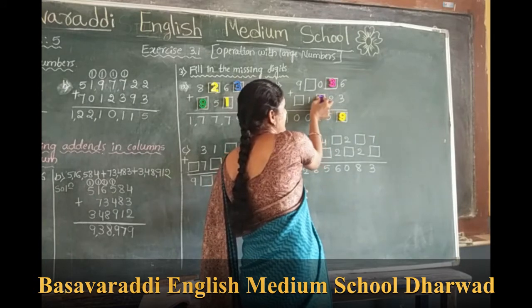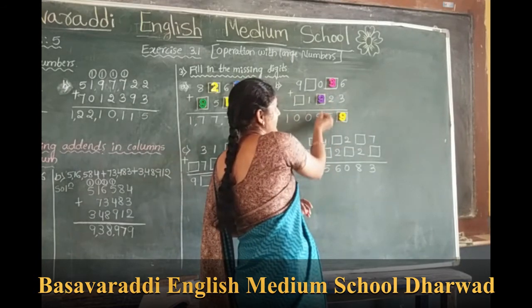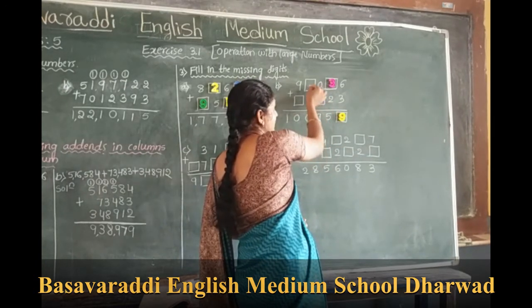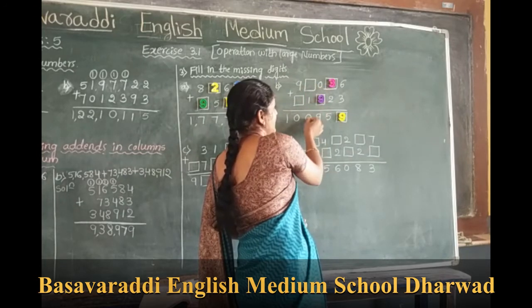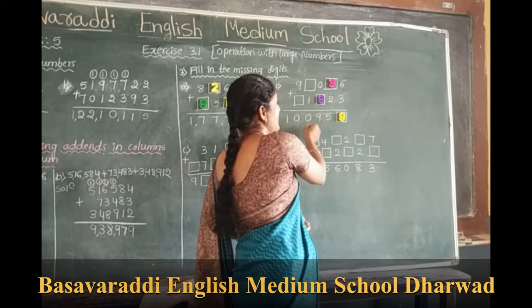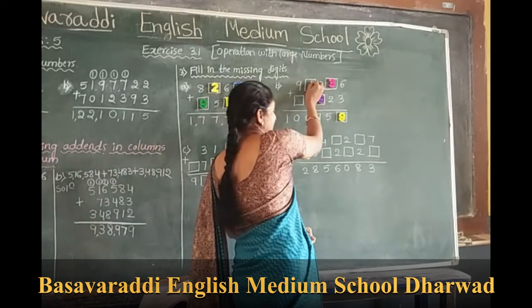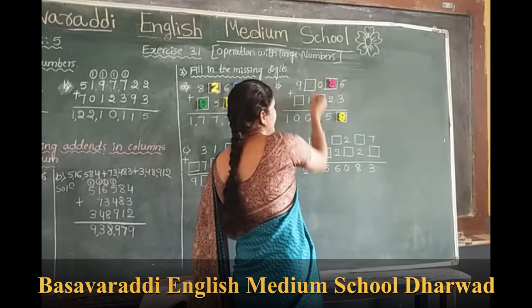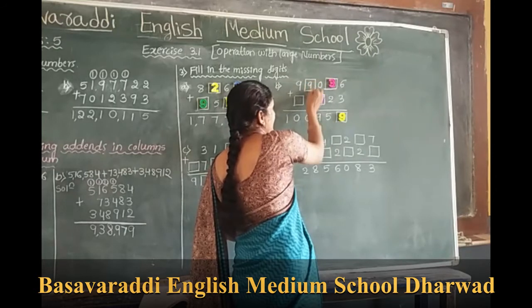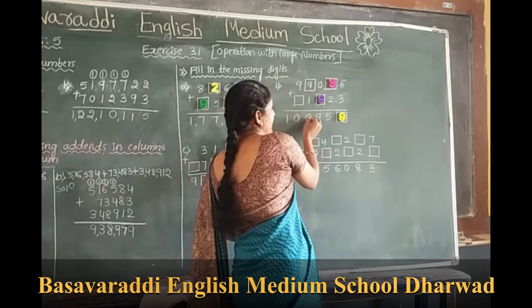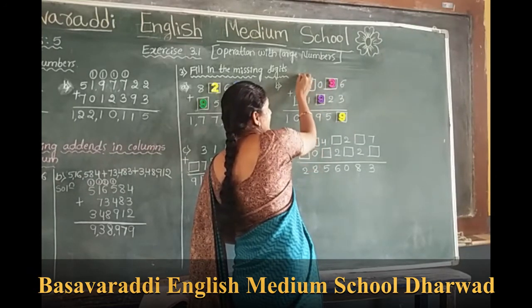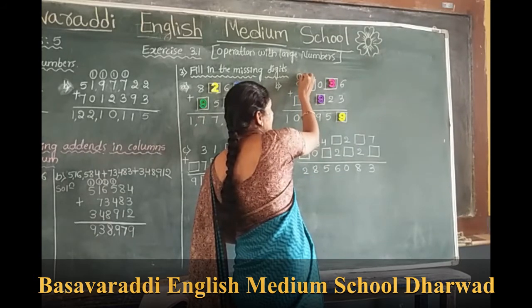If you add 0 to any number, you get the same number. Okay, then here the answer. It means in the thousands place there is a 0 there. Which number we have to add? So 9 plus 1 is 10. So 0 is here, 1 carry over to the next number.